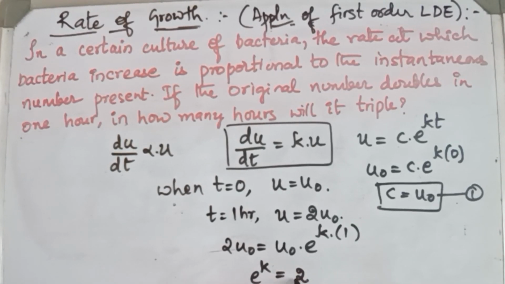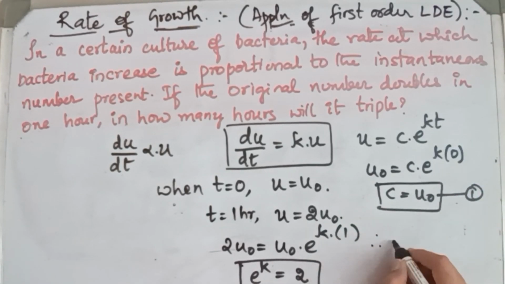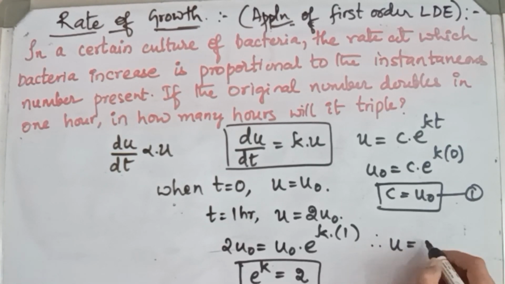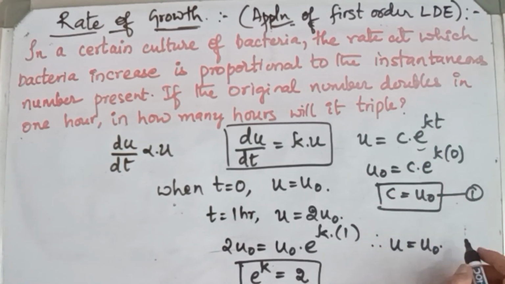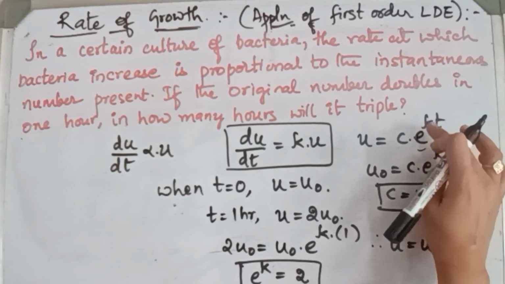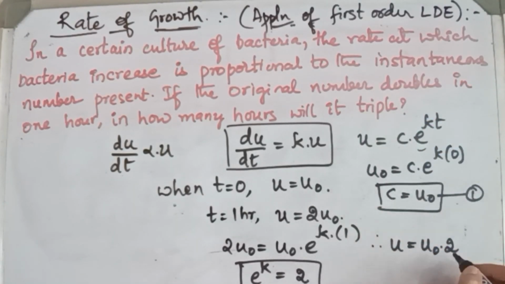So k equal to log 2, or else directly you can substitute e power k as 2 in the equation. Therefore, your new equation with the values of c and k becomes u equal to u naught into e power k, and e power k is 2. Even if you write it as log 2, the exponential and log cancel, so again you will get 2 itself.